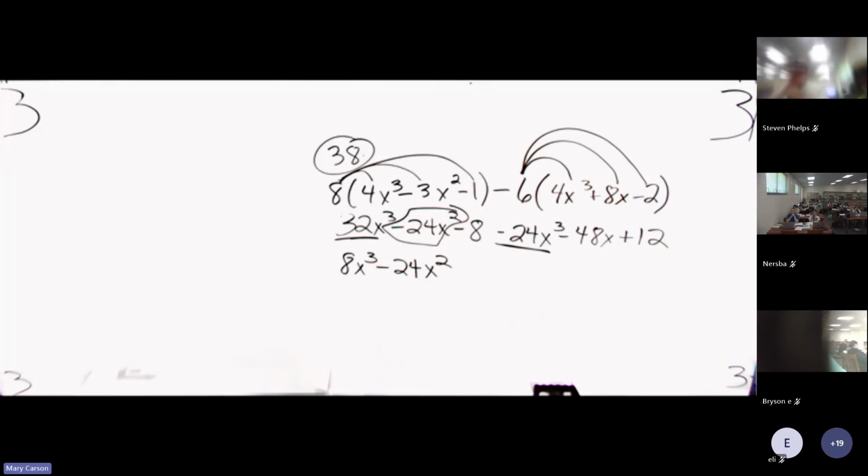Then I have an x here, so minus 48x. And the last ones are a -8 and a positive 12, which gives us positive 4. And I believe that's what we got. That was number 38: 8x cubed minus 24x squared minus 48x plus 4.